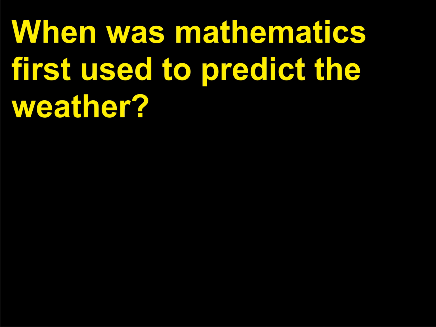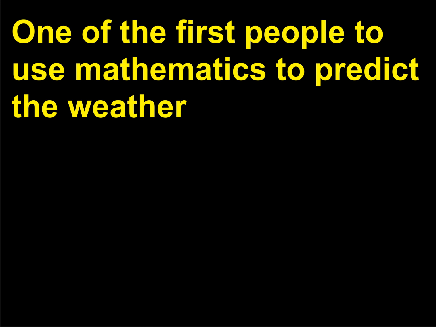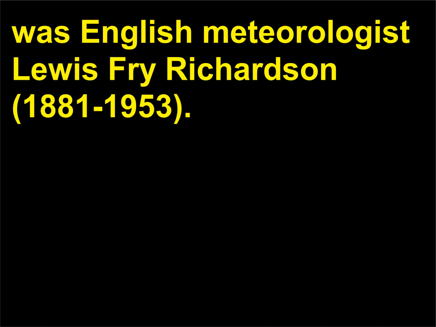When was mathematics first used to predict the weather? One of the first people to use mathematics to predict the weather was English meteorologist Lewis Fry Richardson, 1881 to 1953.